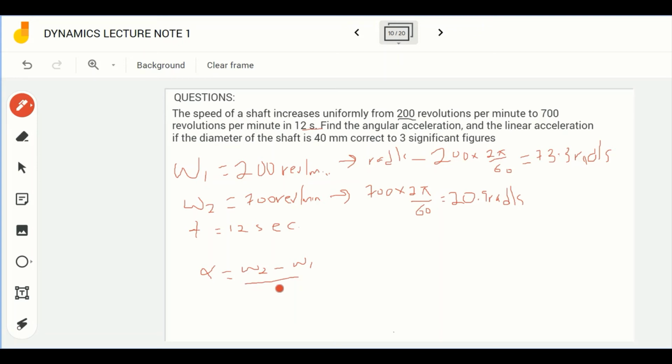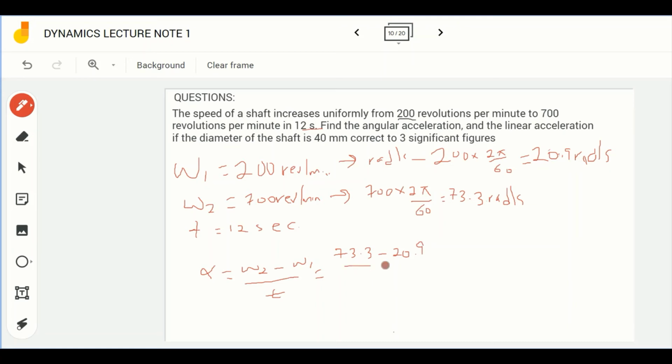What is that? Now omega 2 is 73.3 minus omega 1 is 20.9 over T. My T is 12.